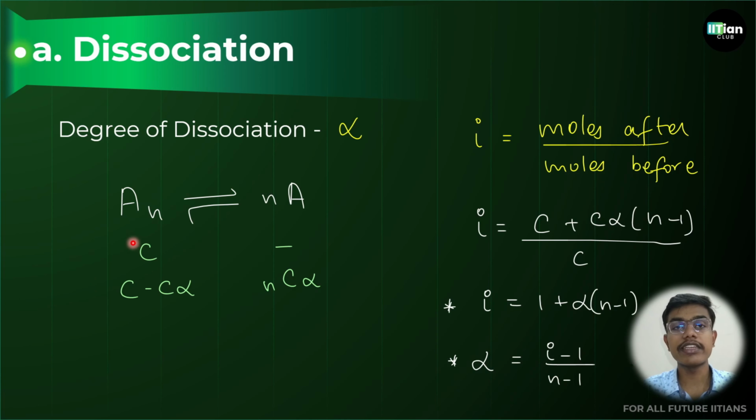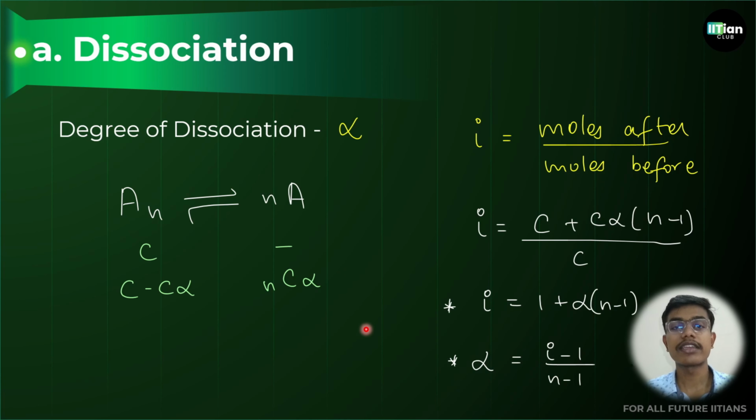Let's say there are initially C moles of A_n and no moles of A, and alpha is the degree of dissociation. Then C alpha will be dissociated. So the moles of A_n after dissociation will be C minus C alpha, and we'll be writing the stoichiometric coefficient also here, nC alpha.